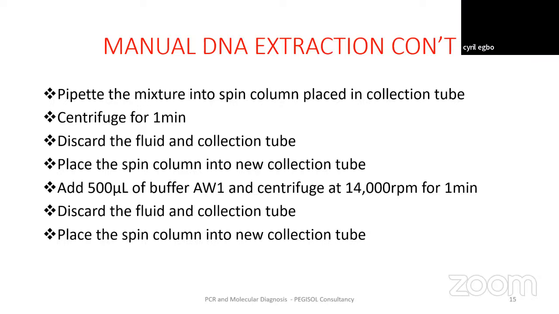So what happens is, once you pour it, the silica membrane in this spin column has affinity for DNA. So it actually binds the DNA, which means it traps the DNA.